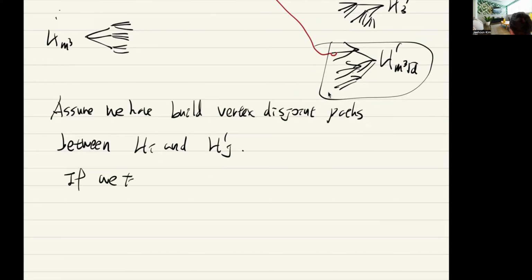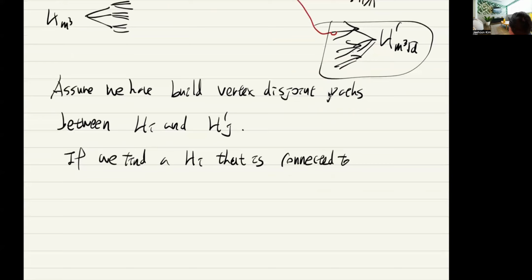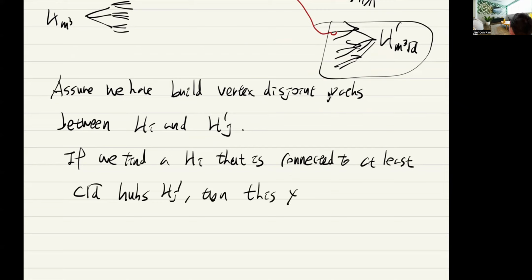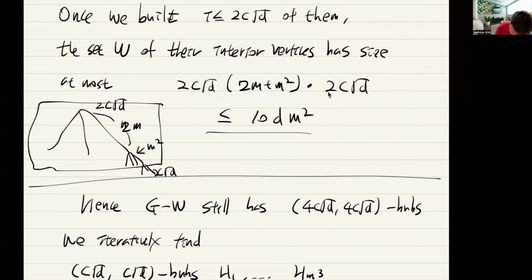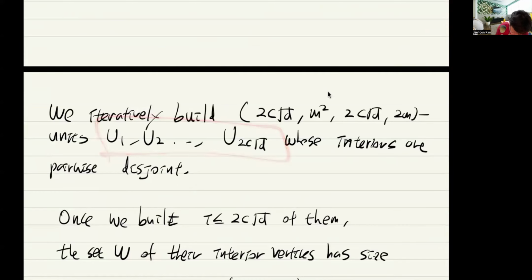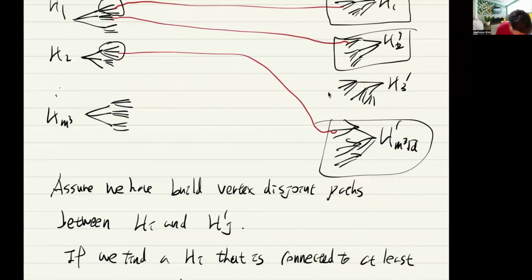If we find hi that is connected to at least c square root of d hubs hj prime, then there's another unit as desired. So remember that we have already built some units, and then we put the interior of them in W.